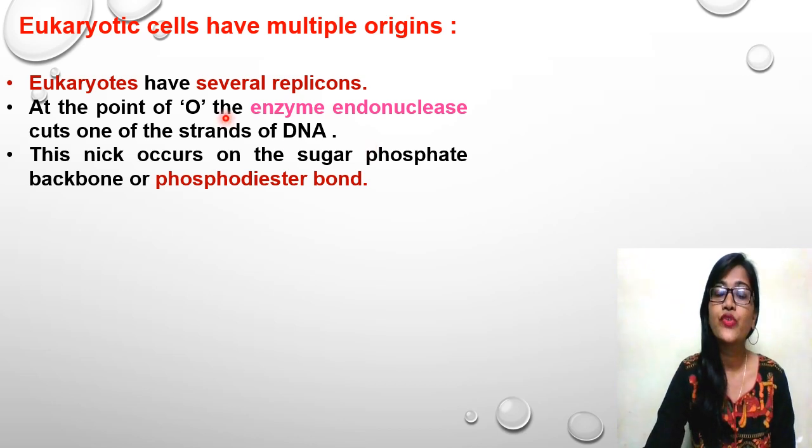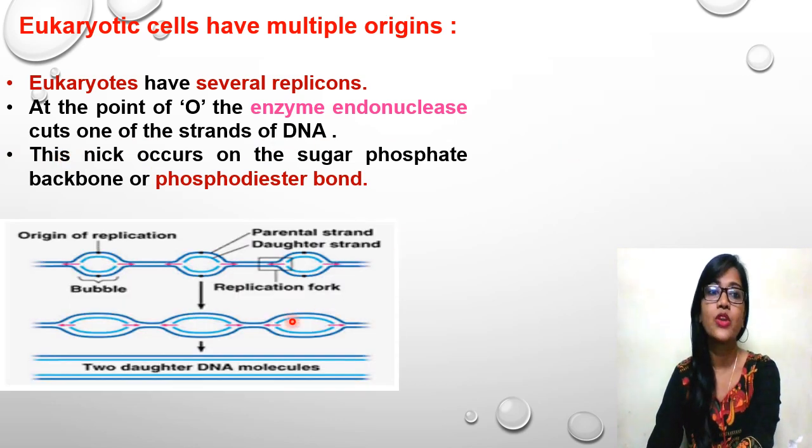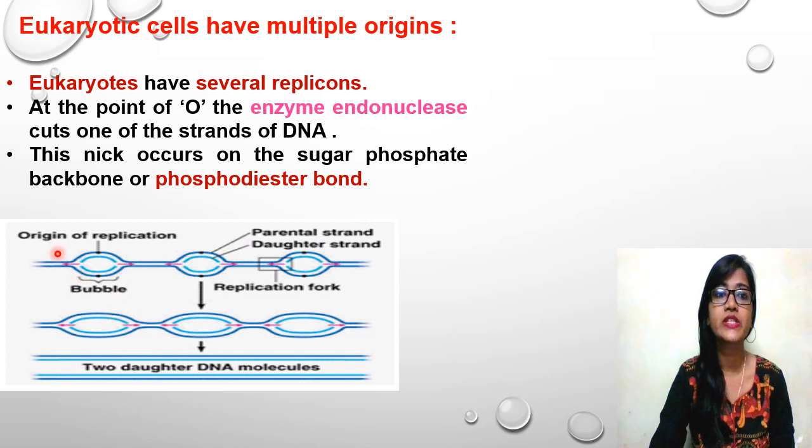At the point of origin, the enzyme endonuclease cuts one of the strands of the DNA. You can observe in this diagram, this is the origin of replication. Now this is a double-stranded DNA, and this is a single origin, this is another origin, and this is a third origin.